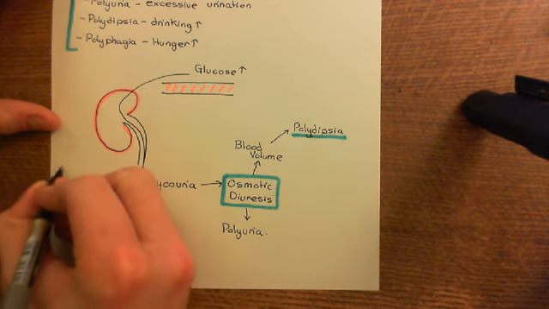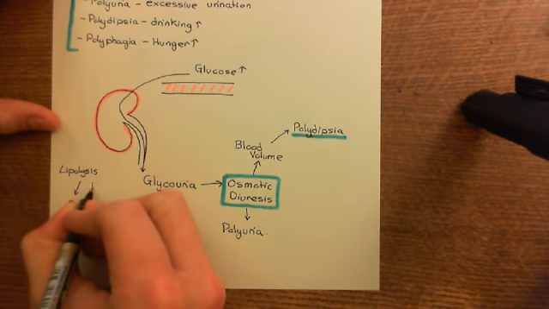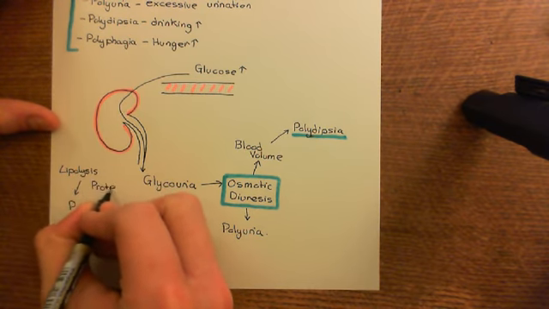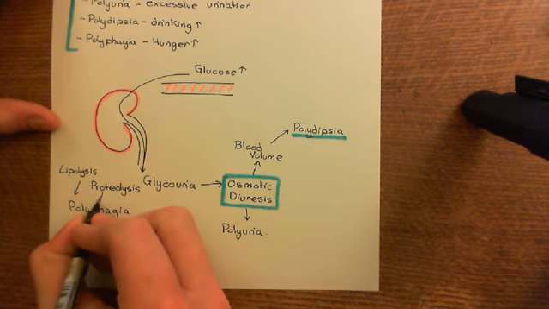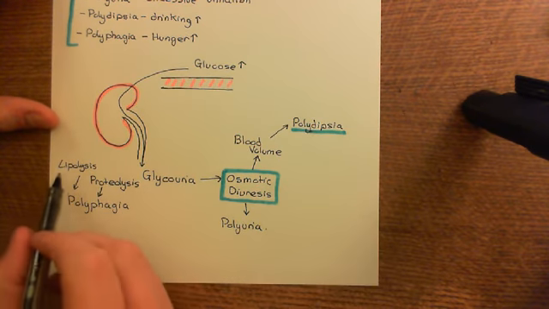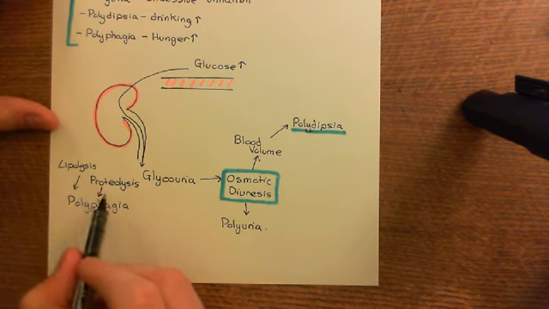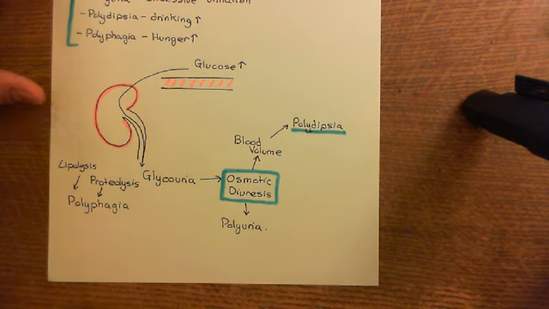Now what is also coupled to this extreme hunger is that you lose weight, because if your fat cells are breaking their fat reserves down, and your muscles are also breaking their protein stores down, then you're also going to lose weight.